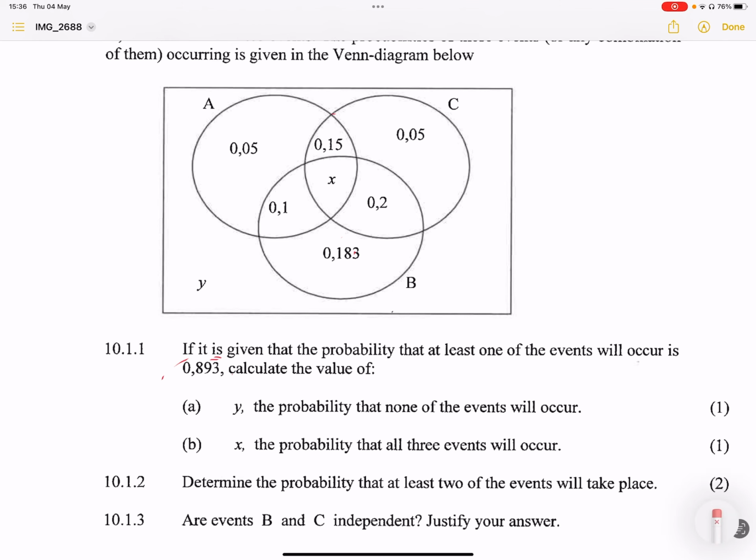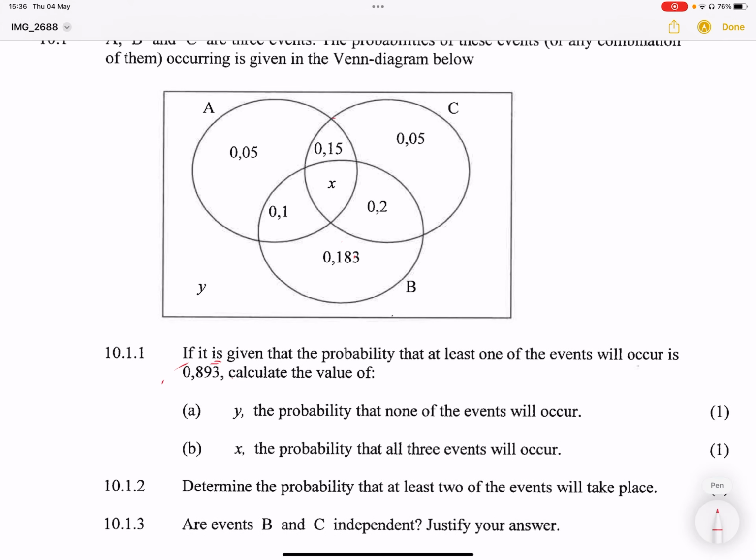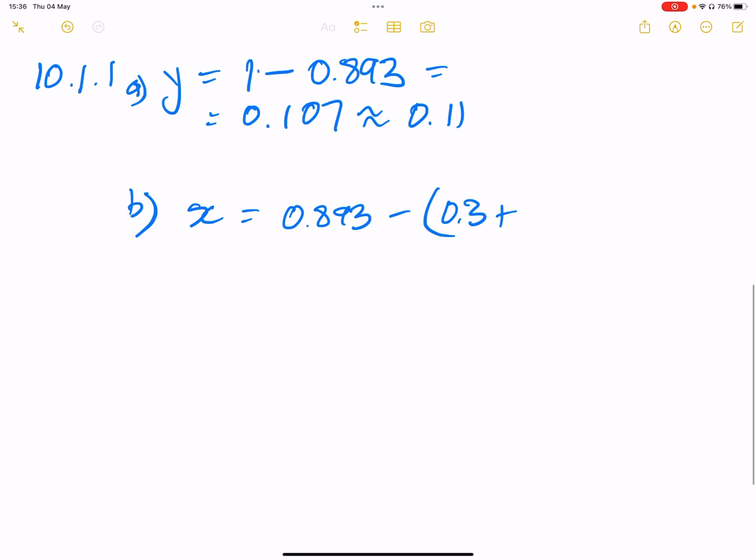I've already counted these three. So now it's going to be the probability of B, that's going to be that and that. Because I've already counted that, I'm not going to include that. So that will be 0.183 plus 0.2, which will be 0.383.